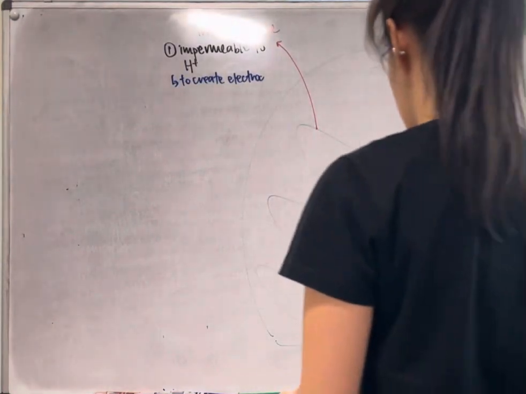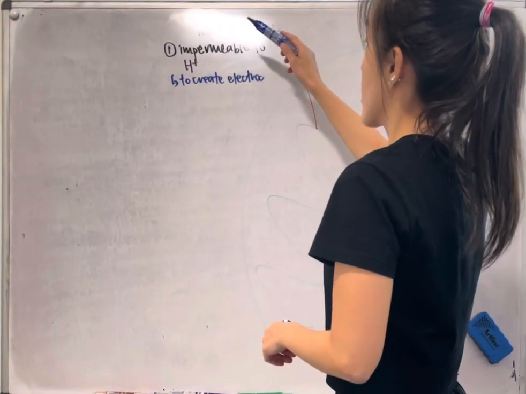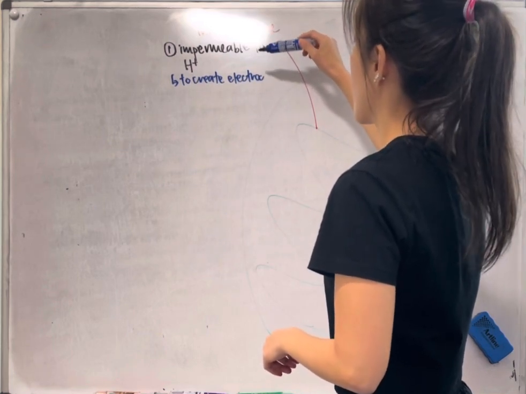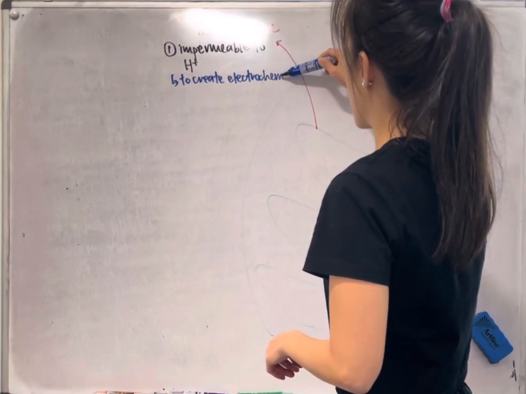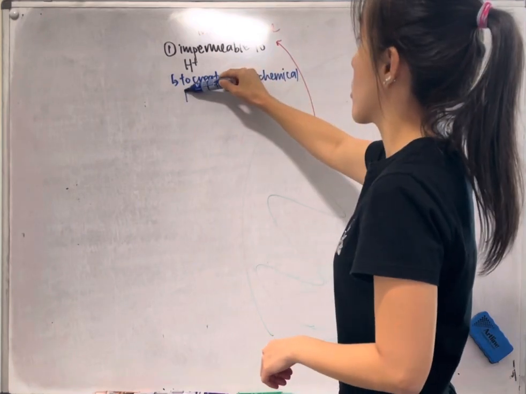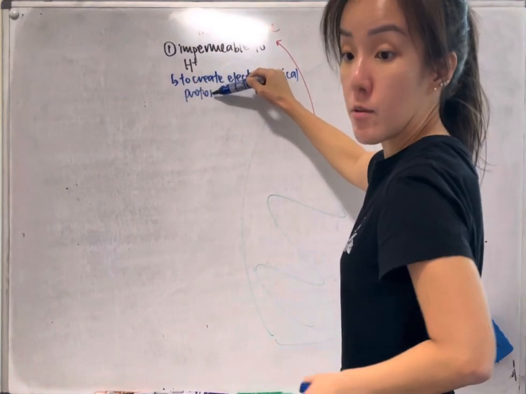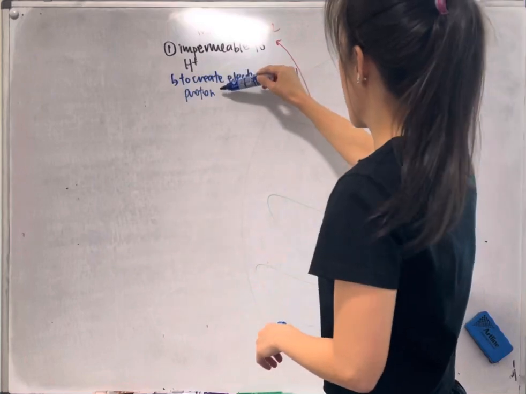Sorry, let's continue. So the first structural feature is the inner membrane is impermeable to hydrogen ions to create the electrochemical proton gradient for chemiosmosis to occur. Don't just stop there, elaborate with effort, okay?